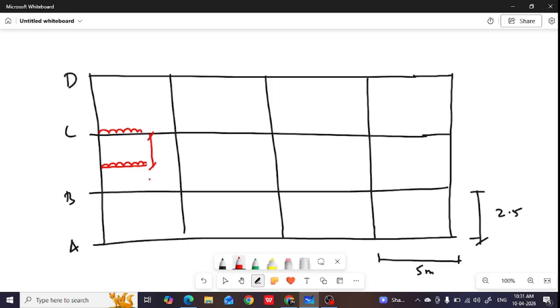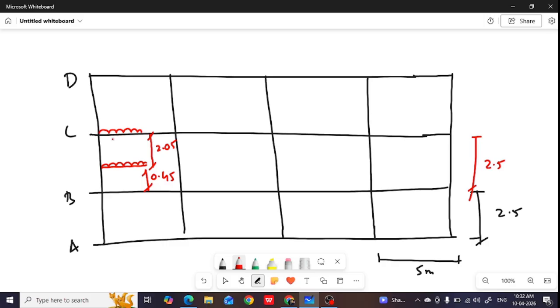Clear distance is 1.2. Center to center distance between the tracks is 2.05. And since this is 2.5, this distance will be 0.45. So you need to put the load in such a way that one track is on the girder and another track will be on the deck. Okay.